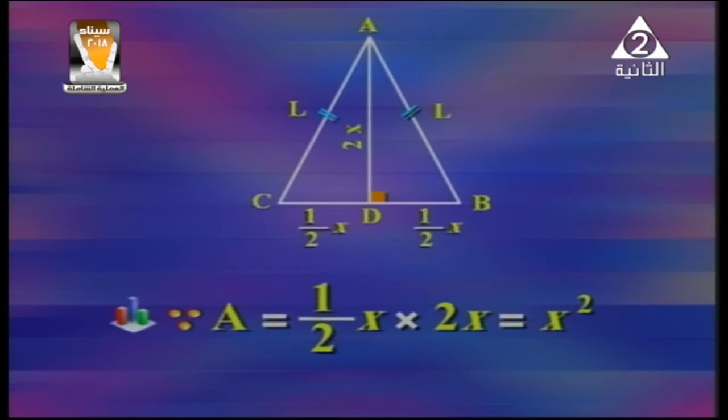Half base times height. What is the base? BC. What is the height? AD. Area is half x, BC is x centimeters, times AD equals 2x. The answer is x squared. The area of the isosceles triangle in this case equals x squared.